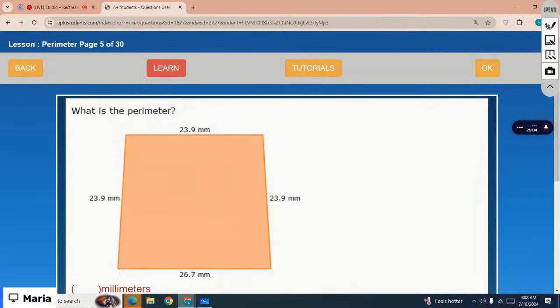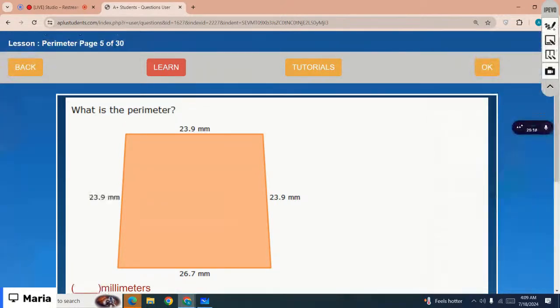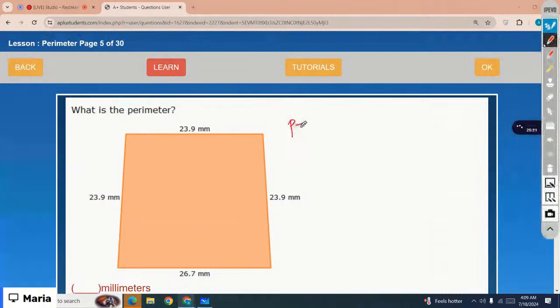What is the perimeter? So you need to add all the side lengths, right? So let's just add. That is 23.9 plus 23.9 plus 23.9, and the last one is 26.7.